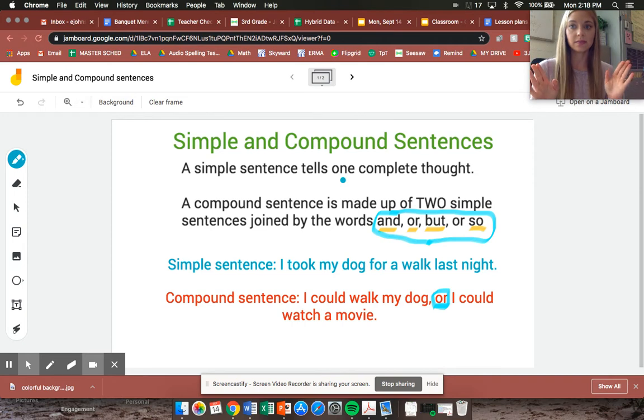But a compound sentence tells you two different thoughts. So, for example, I am at school today and I ate lunch outside. Okay? Which I really did do, by the way. So, a compound sentence has two thoughts. A simple sentence only has one.